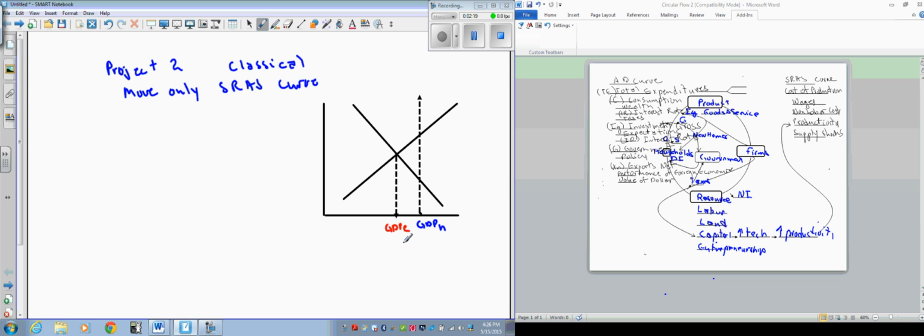Now, in the first situation, where you have basically unemployment, and unemployment is reflected with an intersection to the left of GDP natural. And you have deflation.